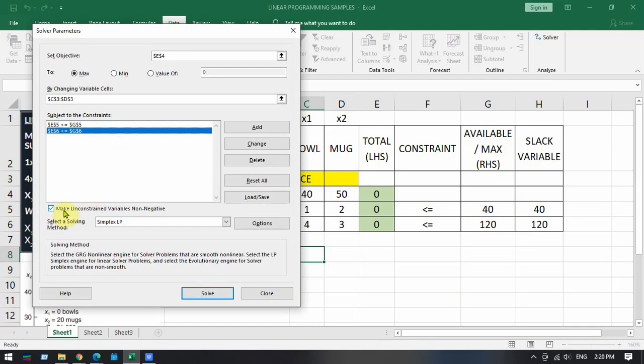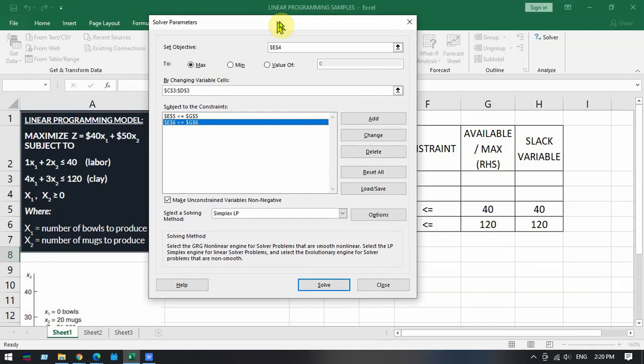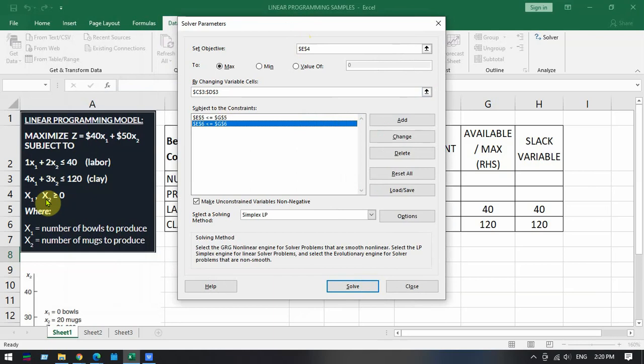So the next thing that you need to check is this one: Make Unconstrained Variables Non-Negative. You want to make sure that this is checked, because this is the part where we consider our non-negative constraints. You see here, x1 and x2 are greater than or equal to 0.